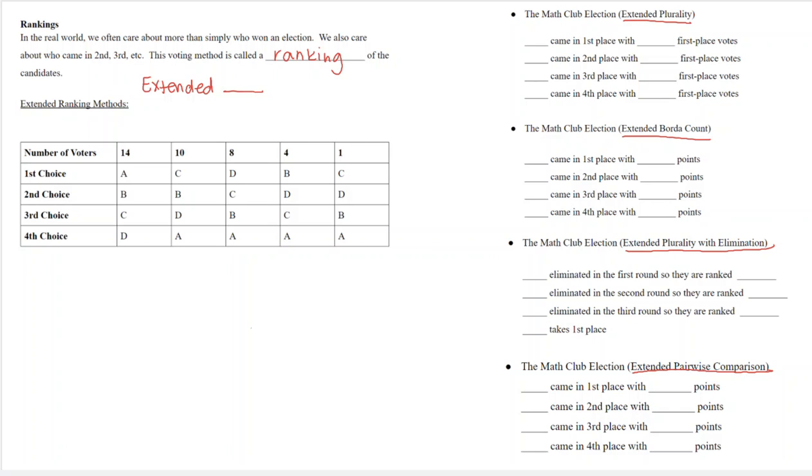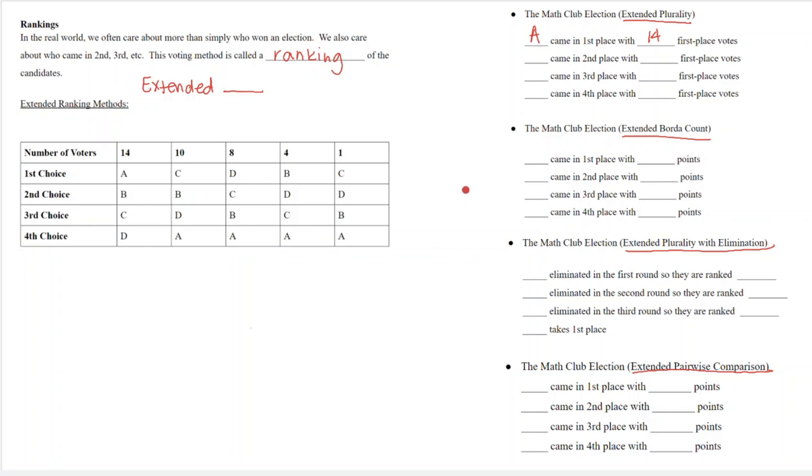So we are going back to the math club election. If you go back to your notes from the first day of this unit where we looked at plurality, we want to rank all four candidates, Alicia, Boris, Carmen, and Dave, according to the number of first place votes they got. Alicia was our winner by plurality because she has 14 first place votes.